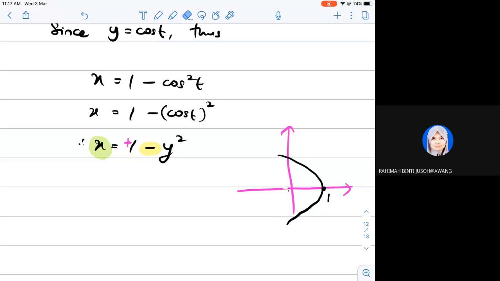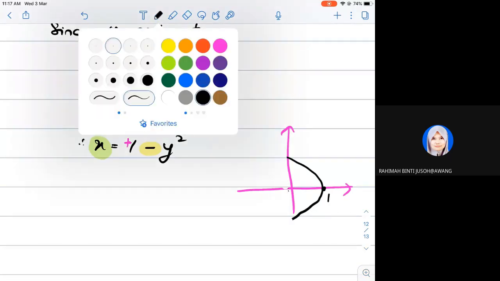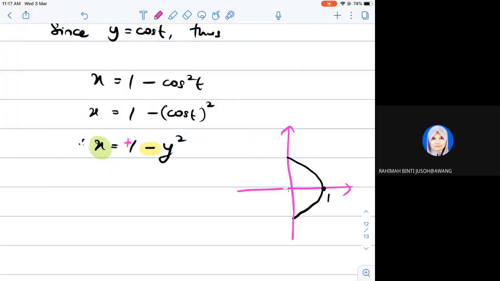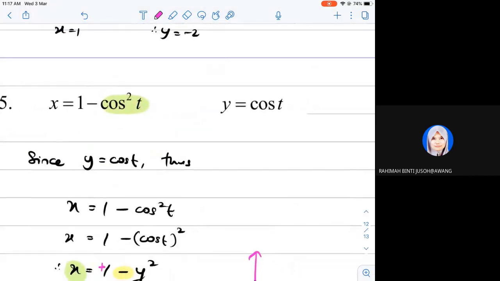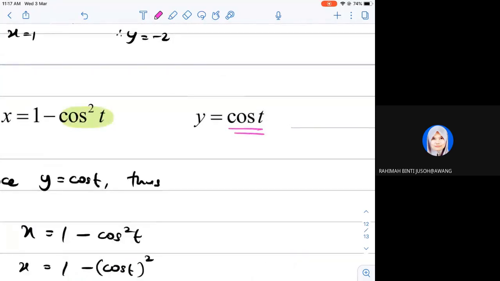For this question, you have to be careful. Kenapa kena be careful? Sebab, okay, kalau you perasan, y equals to cos t kan? Okay, bila y equals to cos t, nilai maksimum dengan minimum bagi cos t ni, bila kita belajar masa sekolah dulu, okay, graf dia macam gini kan? Betul tak?